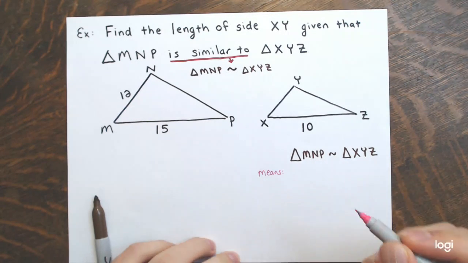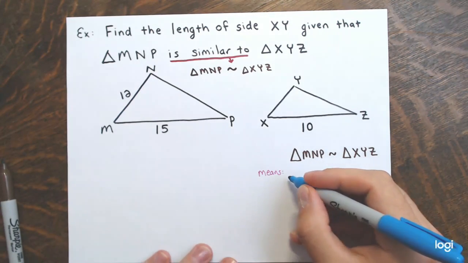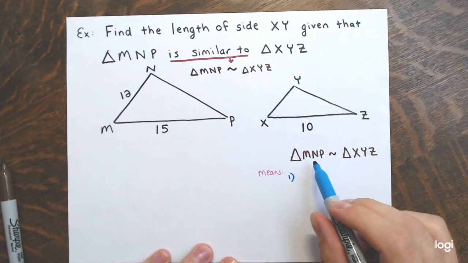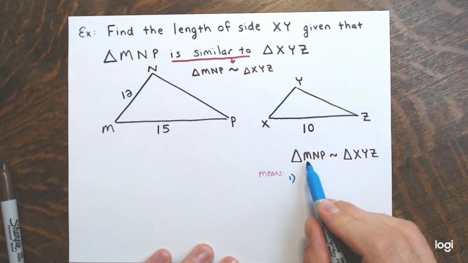It means, one, something about the angles. If two figures are similar, then their corresponding angle measures are the same measure. They have the same amount of turning, they're congruent, they would say. So one, if triangle MNP is similar to triangle XYZ, you can look at how they're named, it matters.